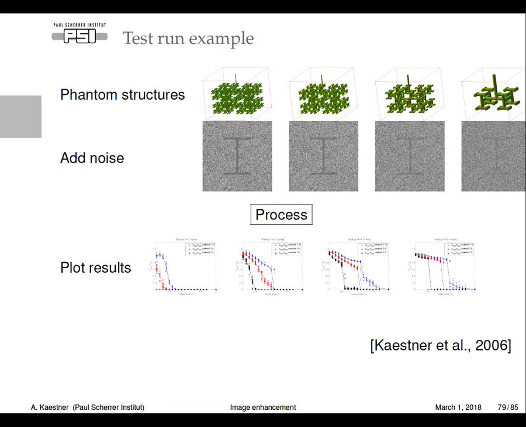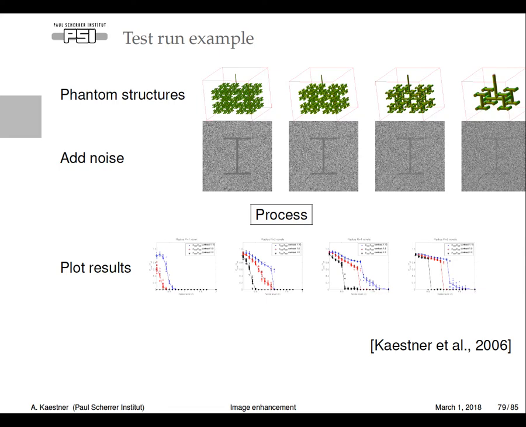And here I have an example, what I did many years ago, where I create a structure. So this was a segmentation method to identify roots in soil. So I created some root-like structures. So it's more fractal structure with branches, and did that with different sizes.